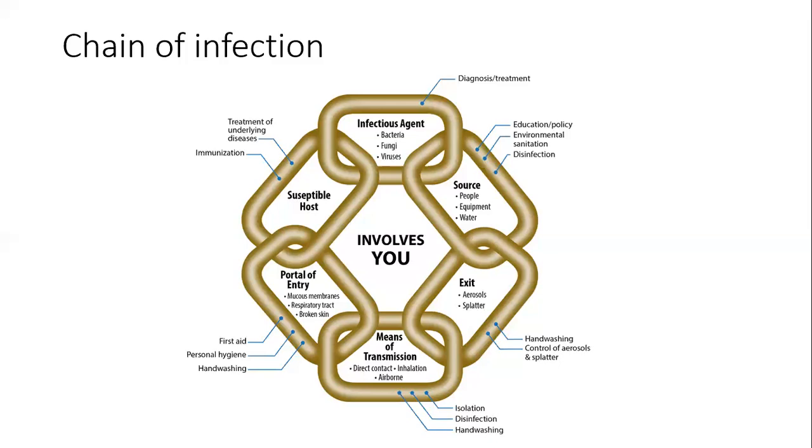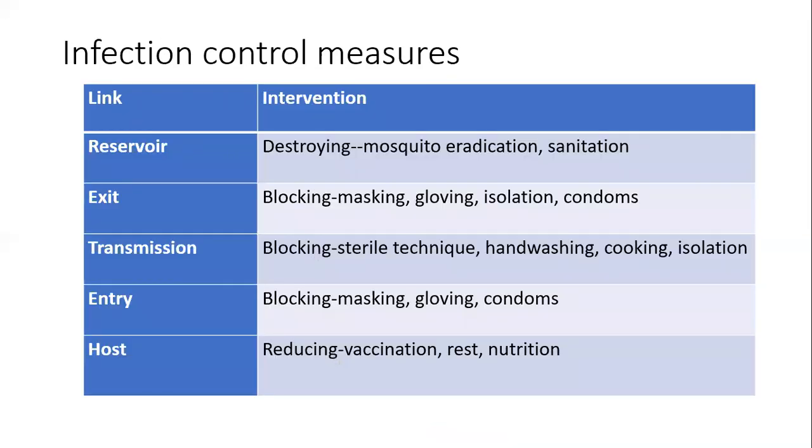And then finally, the susceptible host. You can break that link by having immunizations and treatments of underlying diseases, making sure that the host is well rested and all their defenses are in working order. So that's the big picture. There's a whole branch of nursing called infection control nursing, and it deals with these very topics.